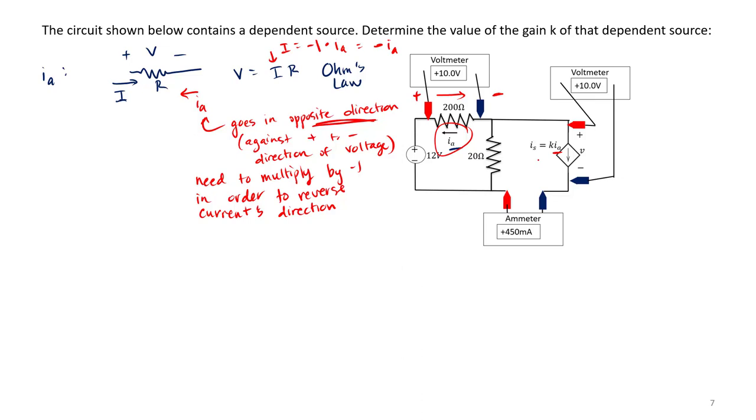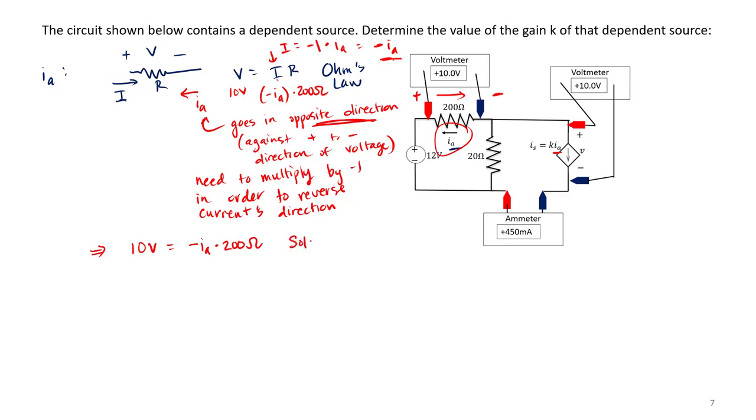So notice, now that we know how I sub A is related here, and we know our resistance is 200 ohms, we can also substitute in our voltage V, which in this case is 10 volts. So therefore we determine that 10 volts is equal to negative I sub A times 200 ohms.